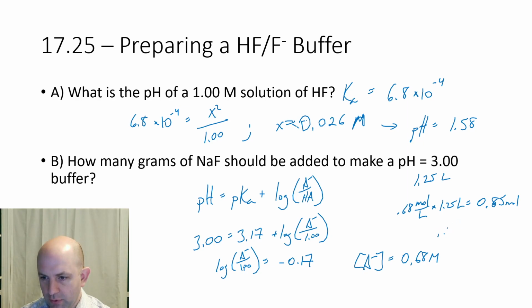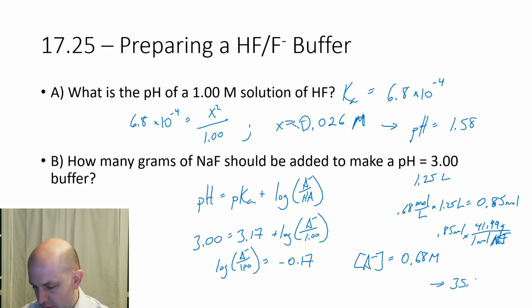And then we just say, okay, 0.85 moles times the molar mass. Oh, sorry, this is sodium fluoride, not the HF. 22.99 plus 19 should be 41.99 grams, times the 0.85 moles. That means we need 35.7, I guess with two figures, 36 grams of sodium fluoride.